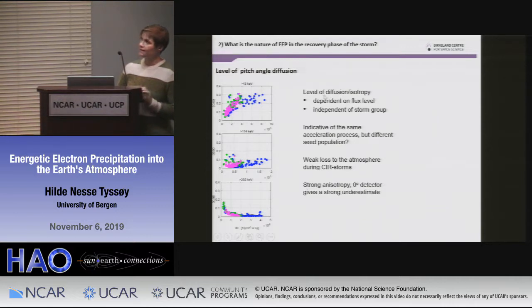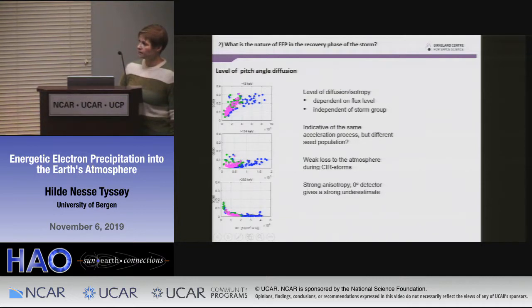So I would say that the level of diffusion or isotropy and anisotropy depends on the flux level. If you look at the different storm groups, they also behave fairly much the same here.